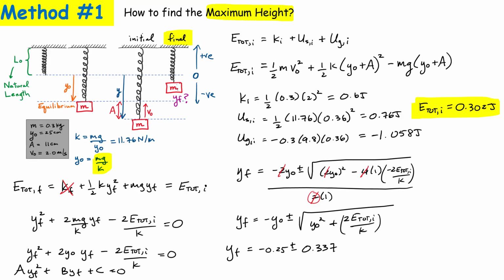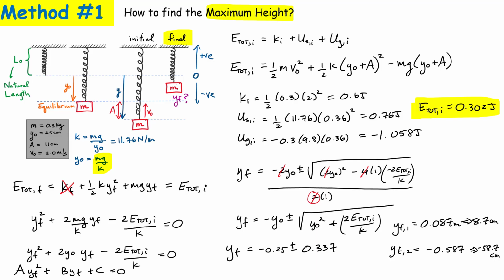So that means we have 2 solutions if I use the positive and negative. So let's at least write down both of those. So here's the first solution. If I use the upper sign, the positive sign, I'm going to get 0.087 meters, which is equal to 8.7 centimeters. And in the second one, I use the negative sign here down at the bottom, and I'm going to get a value of minus 0.587. This is minus 58.7 centimeters.